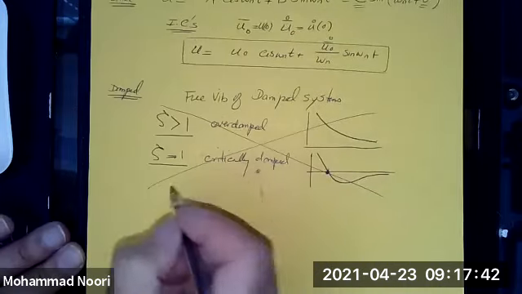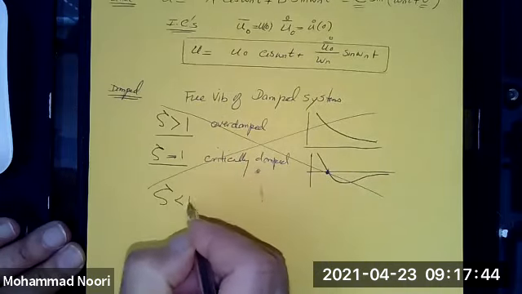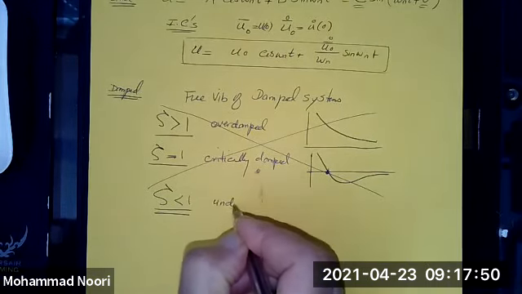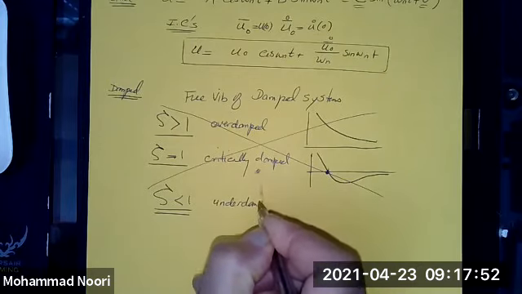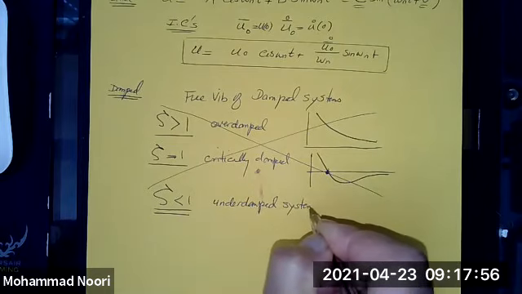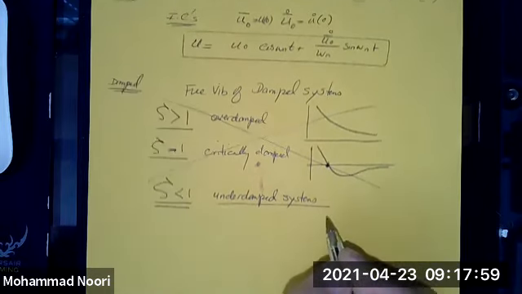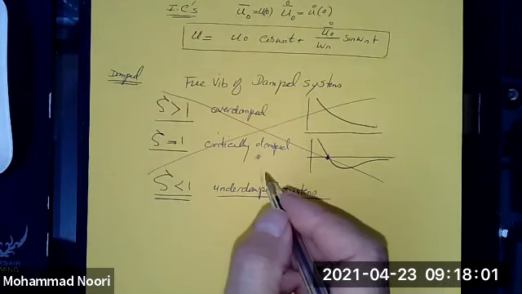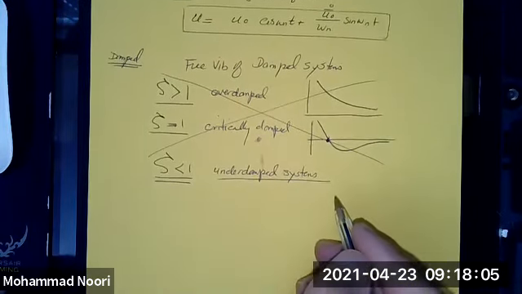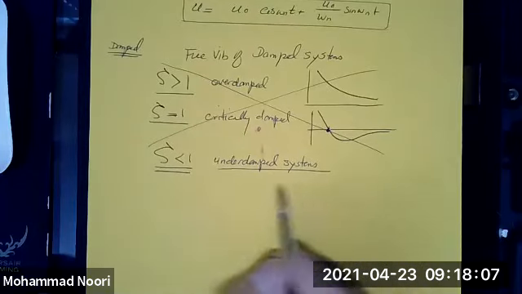So the focus of what we do from now on throughout the rest of the course will be on underdamped systems. As I said, almost 90-some percent of all systems that we encounter are underdamped.